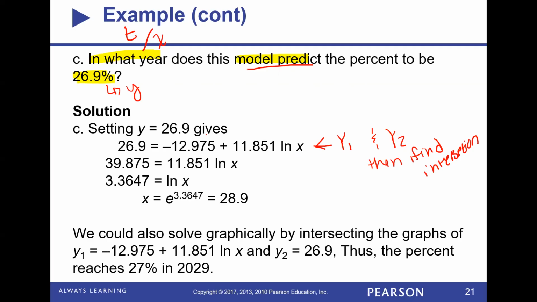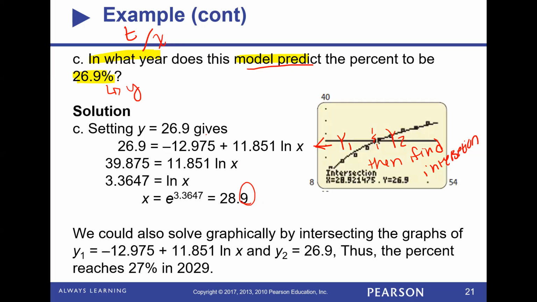You'll get the exact same answer at approximately 28.9 years. Which would make it basically rounding that to the next year up. Again, I don't ever care what this is. We round it up. So it will reach about that 26.9% of US adults with diabetes in the year 2029.